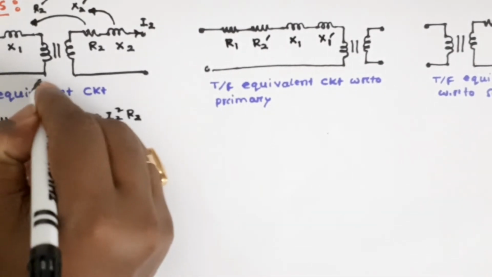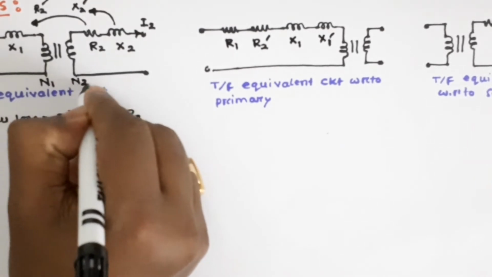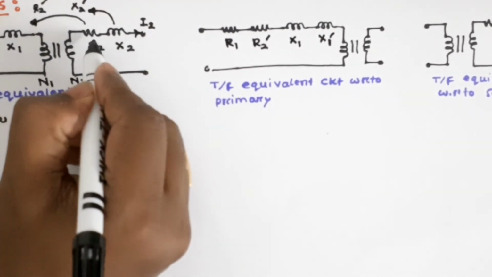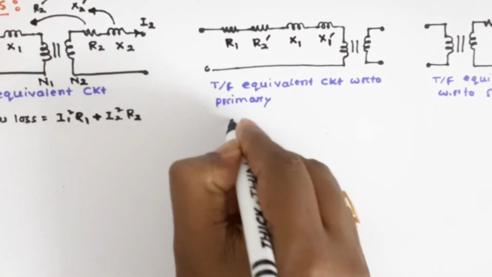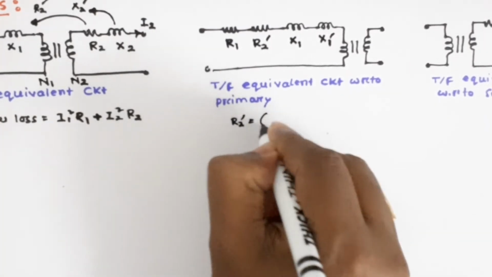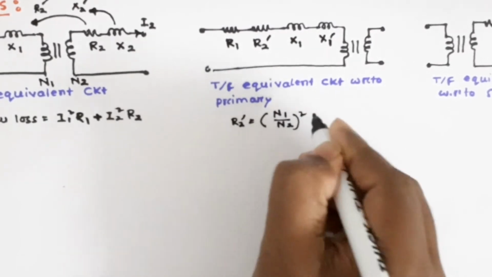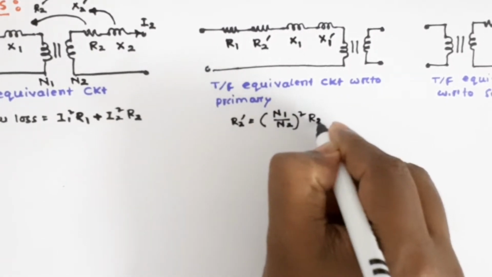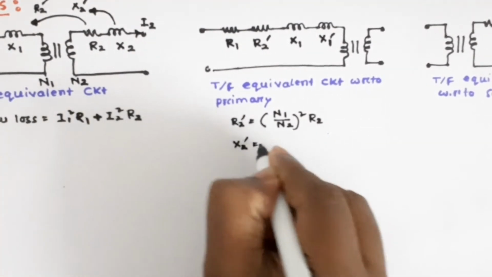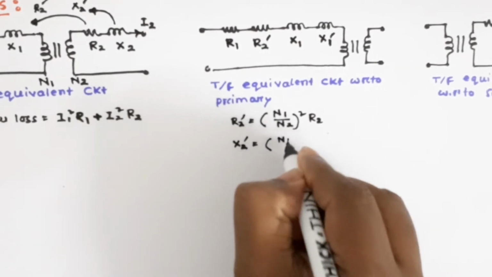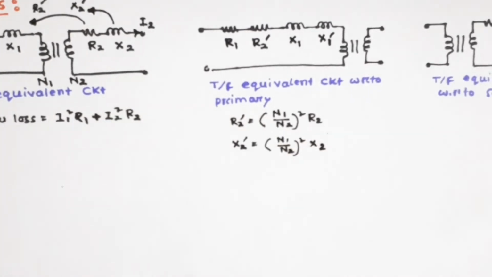Let the primary winding have N1 number of turns and secondary winding have N2 number of turns. Now, since R2 is transferred to the primary side, R2 dash will be N1 by N2 square into R2. Similarly, X2 dash will be given by N1 by N2 square into X2.